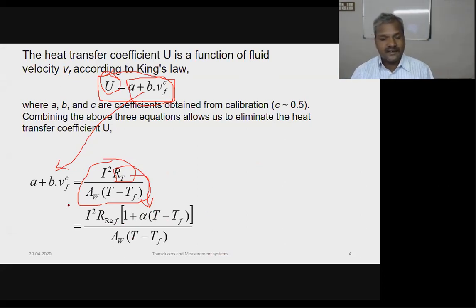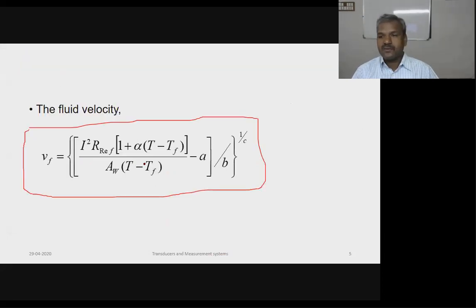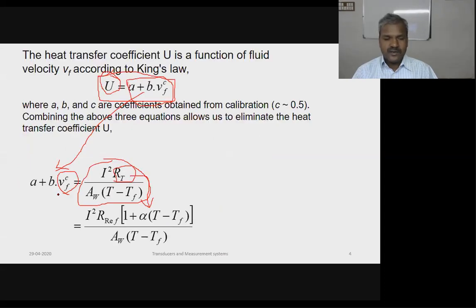From this relation we simplify for VF. If we bring all the coefficients to the right hand side, you get the fluid velocity. Finally, the fluid velocity equation is I square RF into 1 plus alpha T minus TF divided by AW into T minus TF, minus A. Just manipulating this relation, A comes to this side, so minus A.